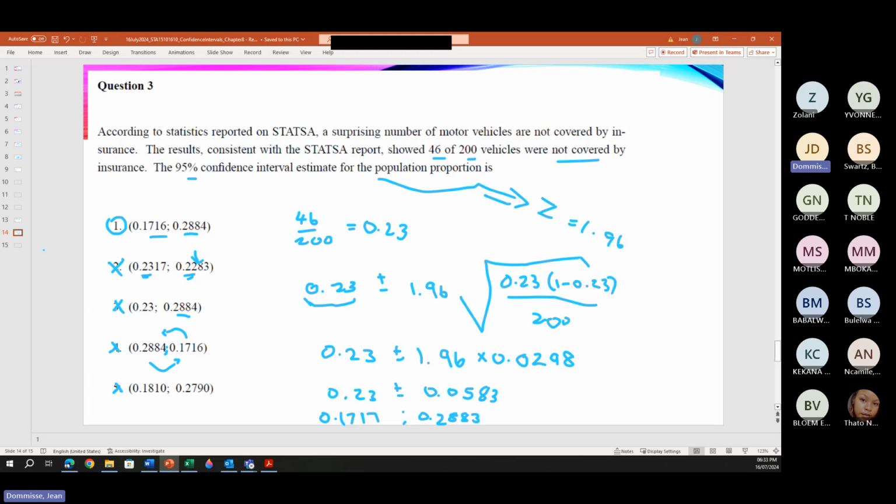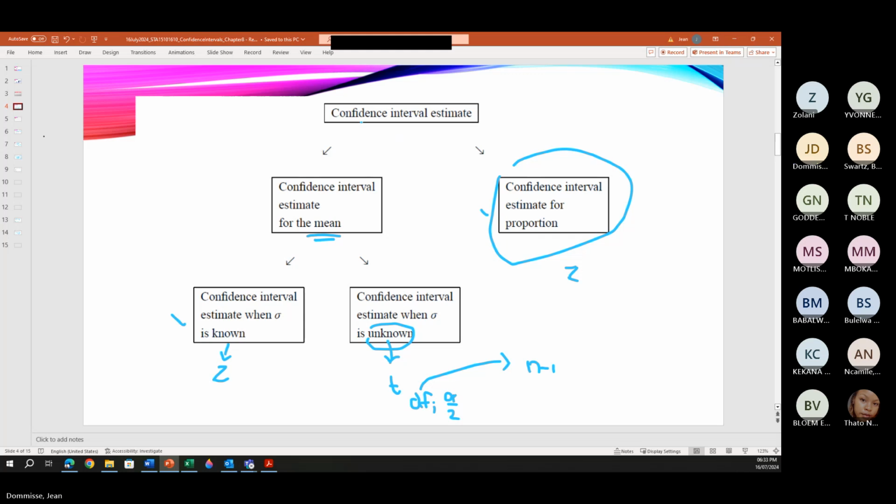So basically, just quickly a recap. So we look at the interval estimates. So we've got interval estimates for the mean. When the standard deviation is known, we work with a Z. When the standard deviation is unknown, we work with a T. Then the third one basically is the confidence interval for proportion.